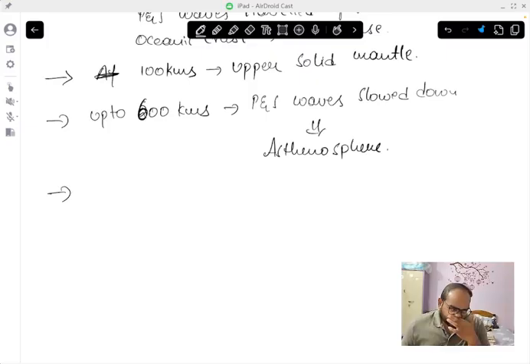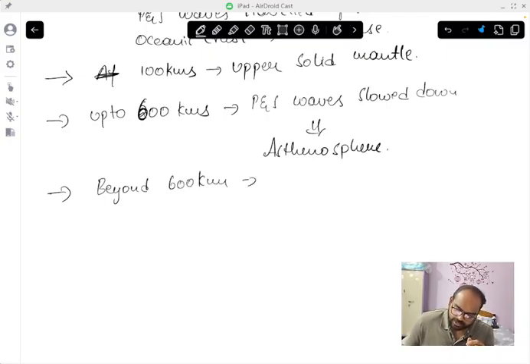Okay, and beyond 600 kilometers, that is after 600 kilometers, P and S waves increased their speed, indicating the lower solid mantle.